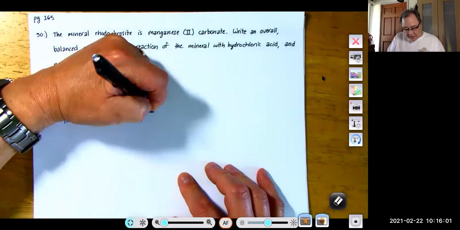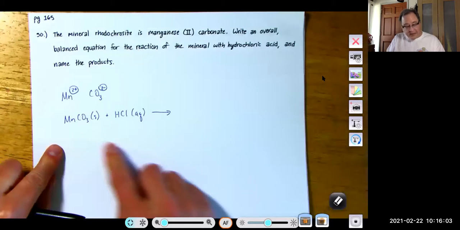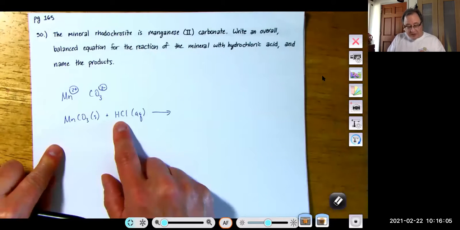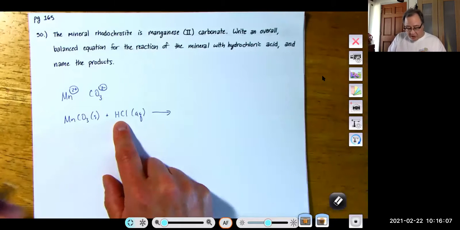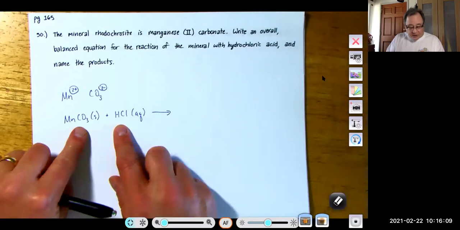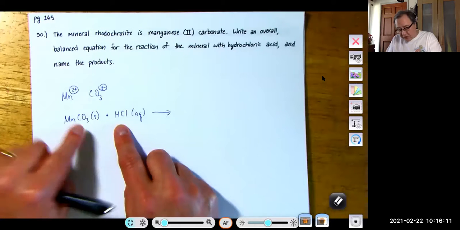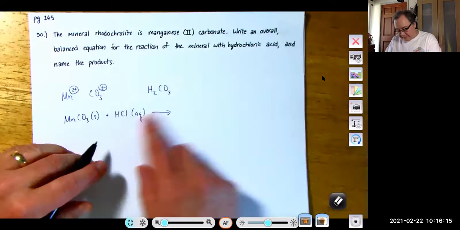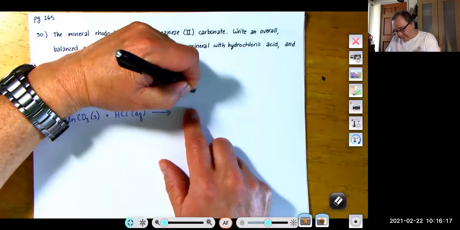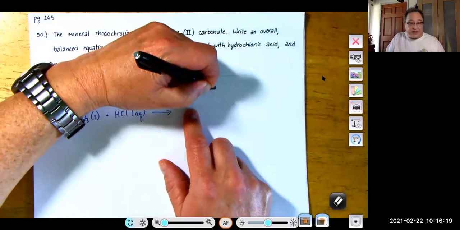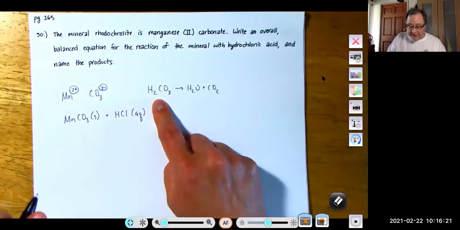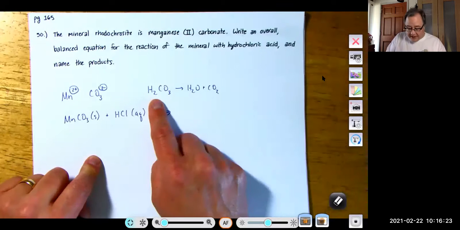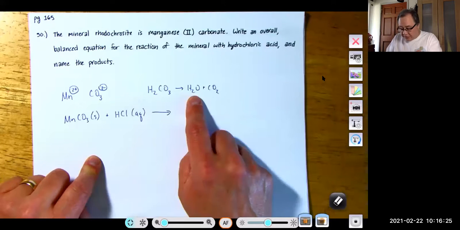Okay, so here we have a carbonate and here we have HCl. So this is going to be a gas forming reaction. Whenever you have a gas forming reaction with a carbonate, you're going to rely on this being one of the things that you make. However, this thing does not last and it becomes H2O and CO2.